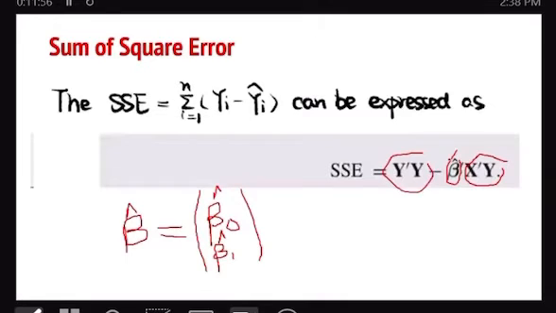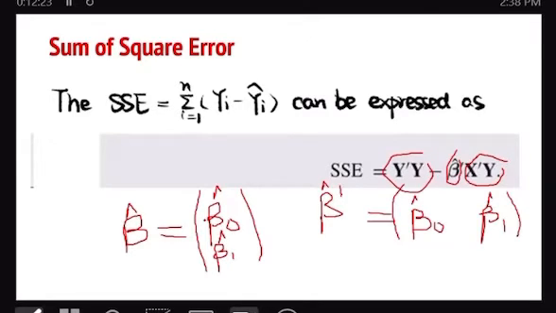Because in the sum of square error, you need a beta transpose. If I want to talk about the transpose of this guy, of course, it's going to be this. If this is a column, the transpose of a column is going to get you a row. Does that make sense? That is a sum of square error in matrix form.